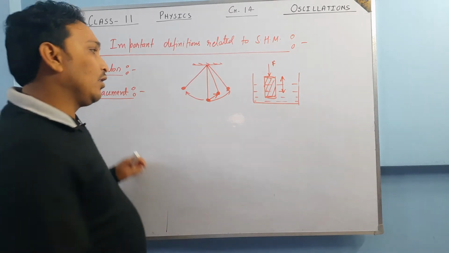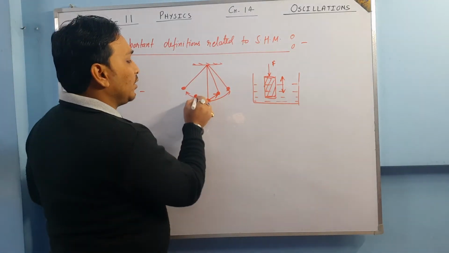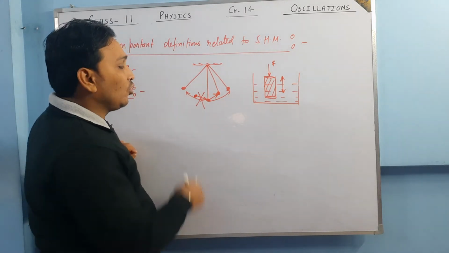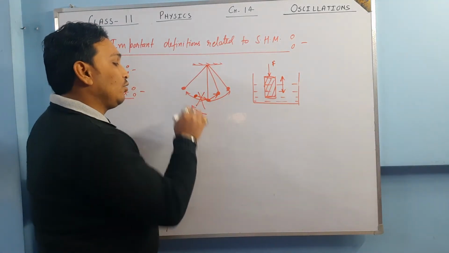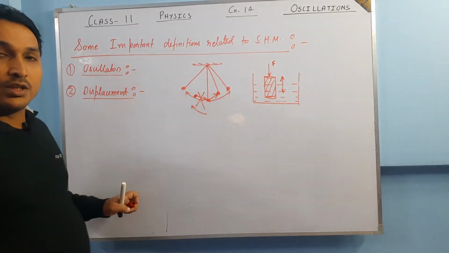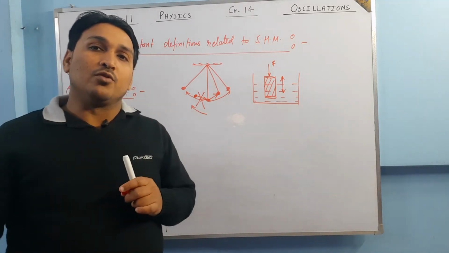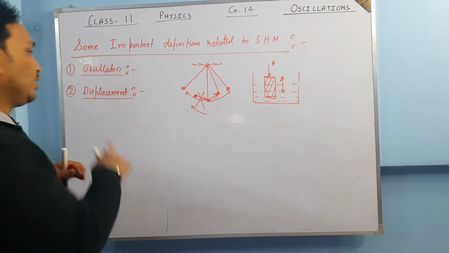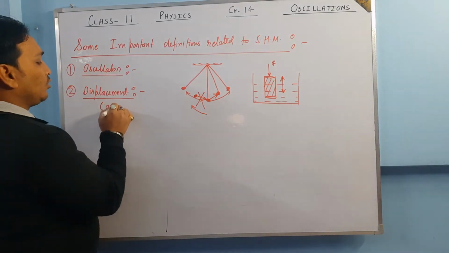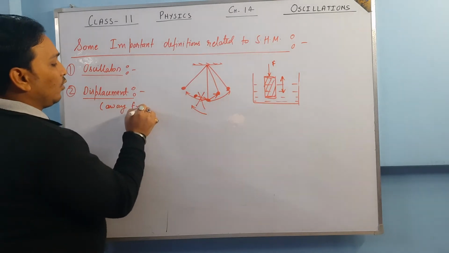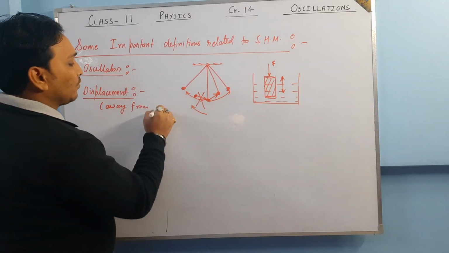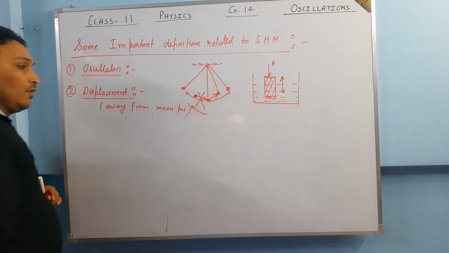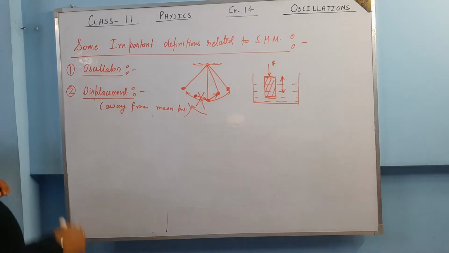It will not be like the particle is here, so we'll measure the displacement from here. That is going to be wrong. Displacement is always measured from the mean position to the particle, so displacement is always away from the mean position. It is a very important point.